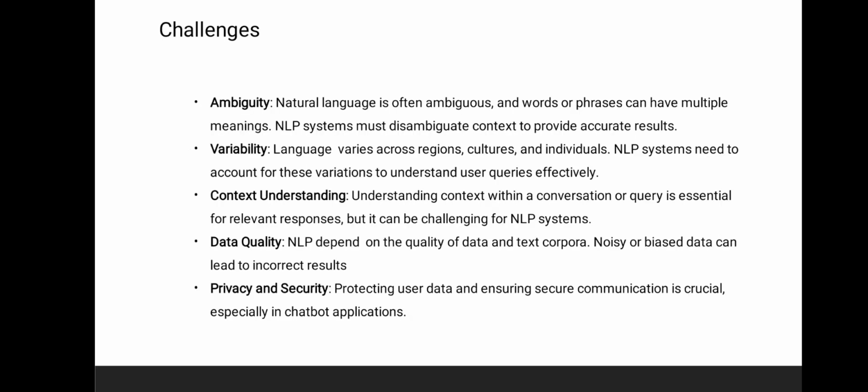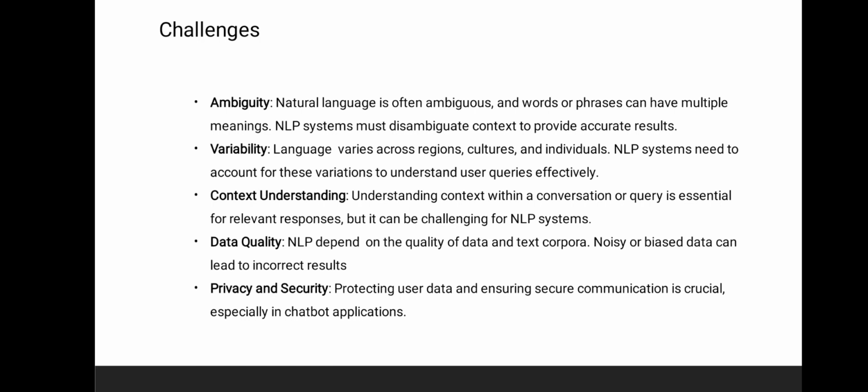Challenges. Again, I am saying that NLP is very tough to use in information retrieval due to the following reasons. The main reason is that there are many languages in India, so it is necessary to understand the vocabulary of these languages.